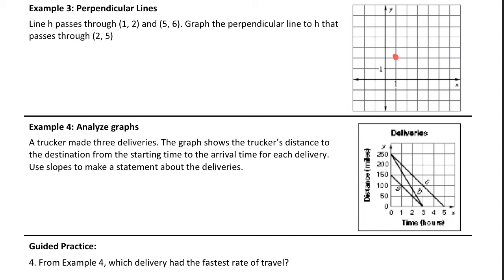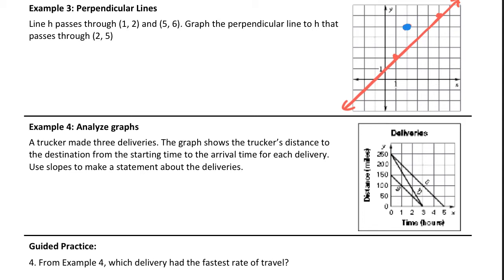I'm going to draw my line, and it has to pass through the point 2, 5. So we want a line that is perpendicular to this line, passing through the given point.